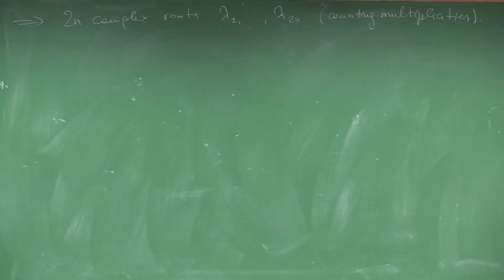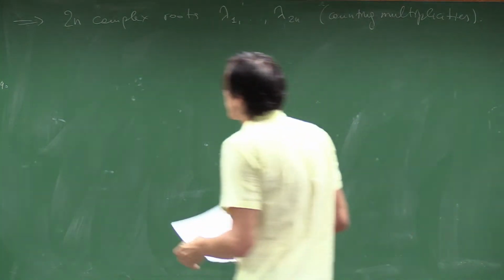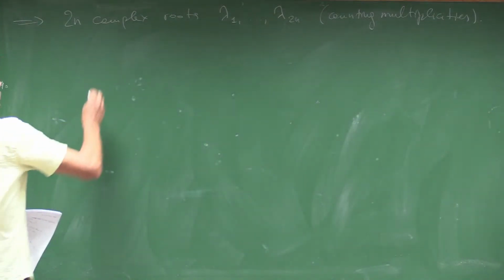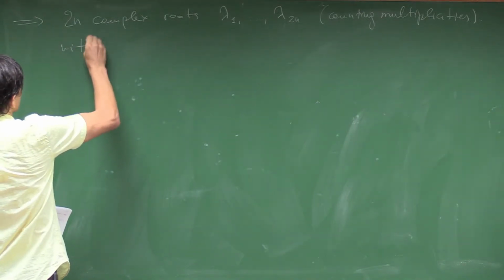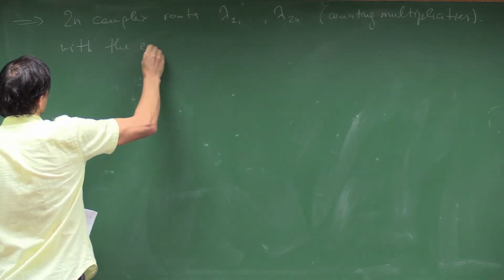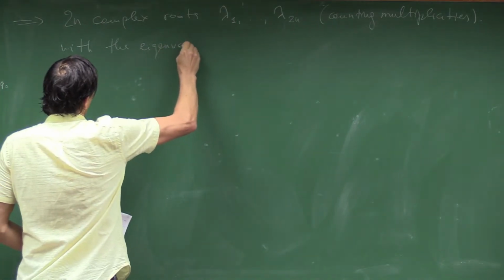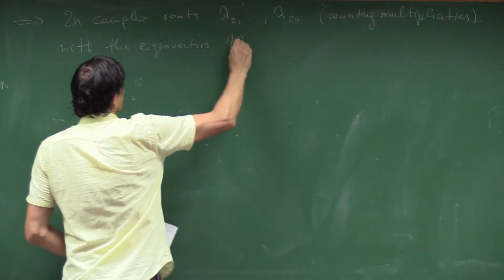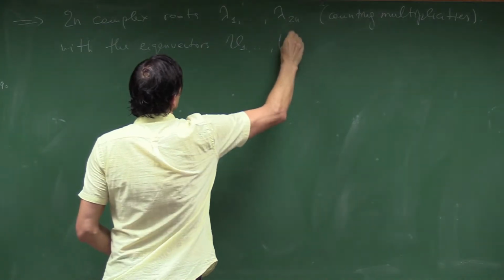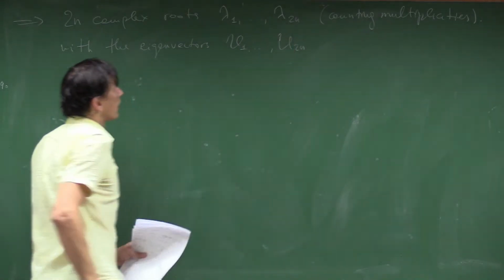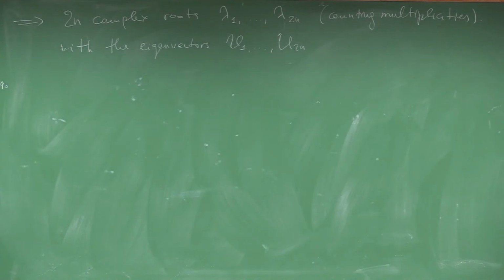Good. And to each of them we can assign an eigenvector. So if lambda is a root, automatically we have a non-zero solution.